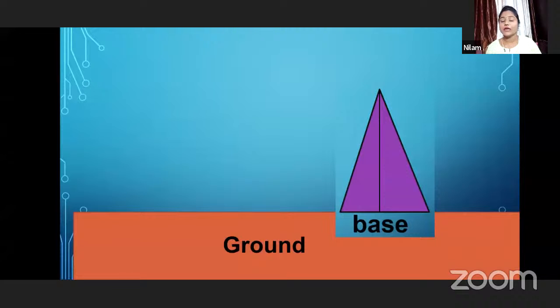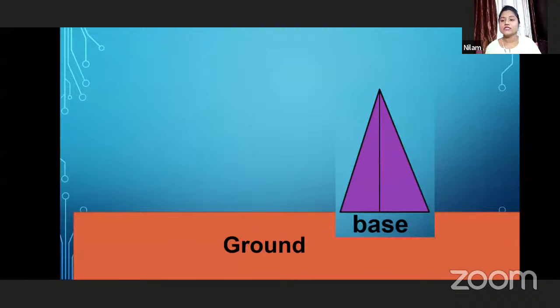We have drawn a perpendicular line from it, making a 90-degree angle, so it is also known as a perpendicular line, which is drawn from the vertex to the other side of the triangle.